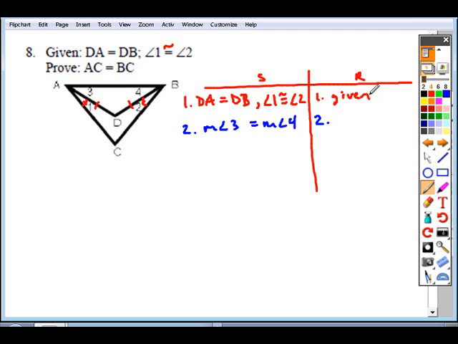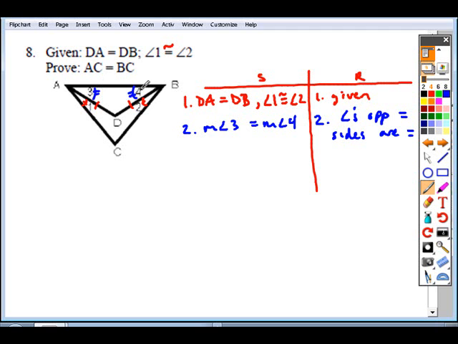Good. And so the justification is that the angles opposite equal sides are equal. Now this relationship is true only in triangles. Okay, so you can specify that if you want to, but it's in a triangle, angles opposite equal sides are equal. So we know that angle 3 and angle 4 are equal to each other.